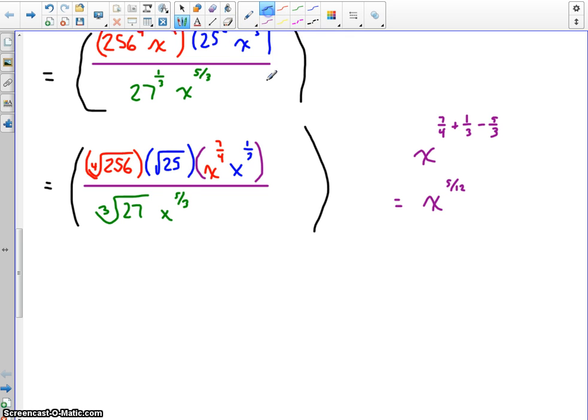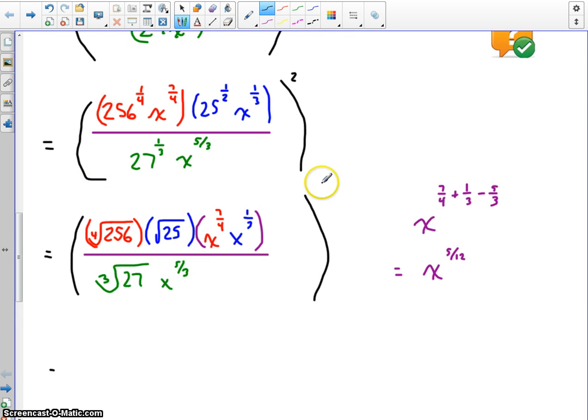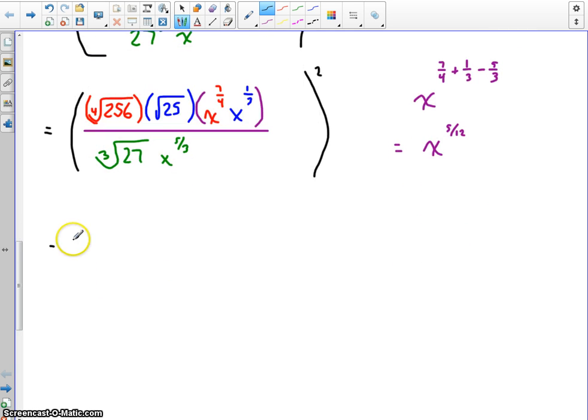Just take it a little bit further here. Oh, I dropped my exponent of 2 there. Can't forget that. Okay, so inside here, 4th root of 256 is 4. Square root of 25 is 5.